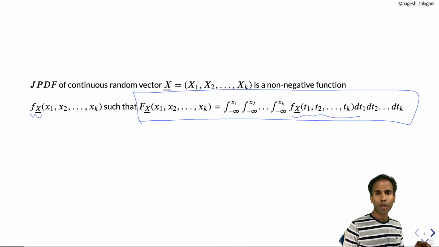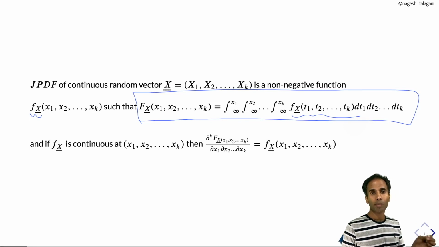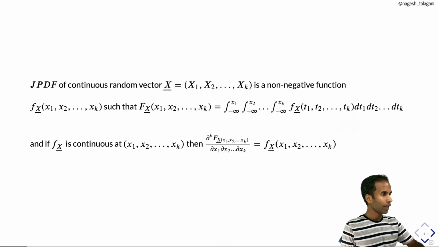Further, if you happen to know your joint PDF is a continuous function, then you can also get the joint PDF from the joint CDF like this, differentiating the joint CDF k times, once with respect to each coordinate. If you differentiate the joint CDF k times, once with respect to each coordinate, then you will end up with the joint PDF of random vector x under bar.